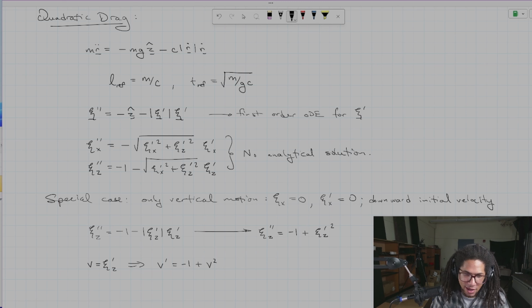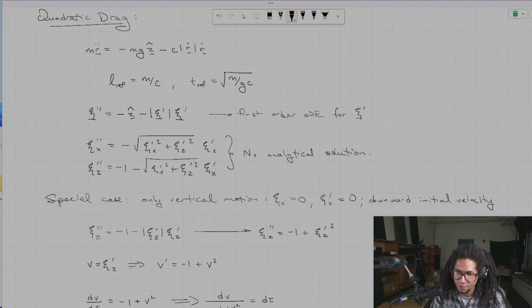Now, I'm being a little bit tricky here, actually, because in order to do this, I need to think of this object as splitting into dv and d tau. And to make the independent variable all on one side, I need to move the d tau to the other side. All right, so I'm going to do that. I'm going to take this equation and say it's dv d tau is equal to minus 1 plus v squared. Then I'm going to turn that into dv over minus 1 plus v squared is equal to d tau.